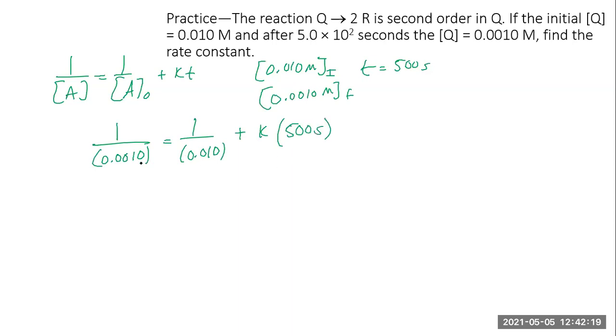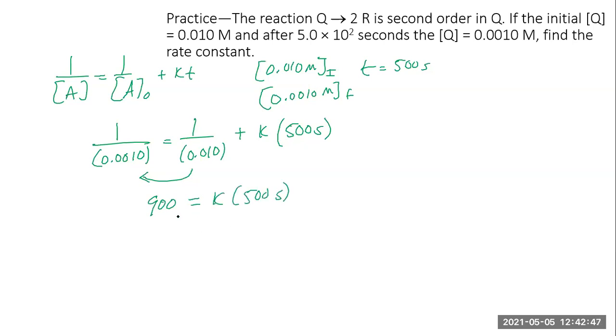I personally will take 1 over the 0.0010 and then subtract that to the other side. And if I do that, I end up with 1 divided by 0.0010 minus 1 divided by 0.010 gives me a 900. There we go. 900 on this side equals k times 500 seconds.